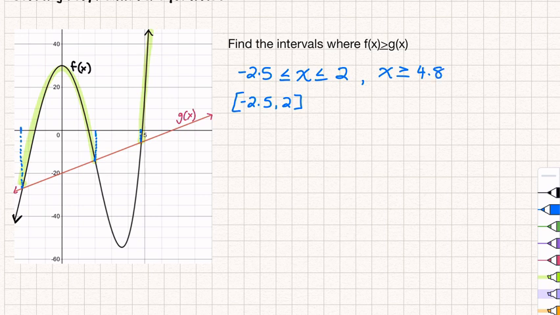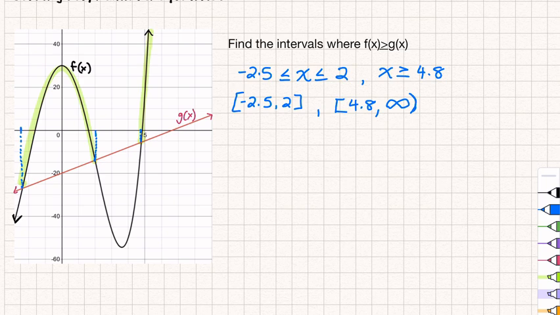And then in terms of the interval notation, it includes 4.8. And as you can see, it's going to be for any value that's greater than 4.8. So that would be all the way to positive infinity. And infinity does not have a bound on it, so we would use a round bracket.